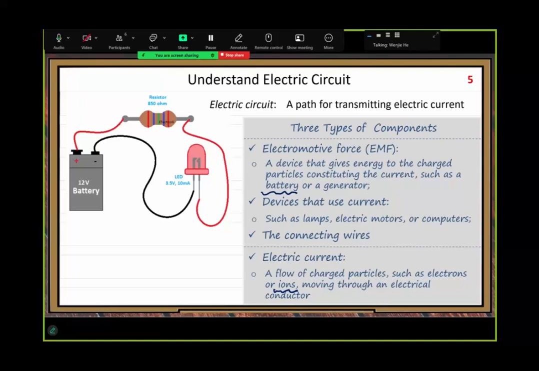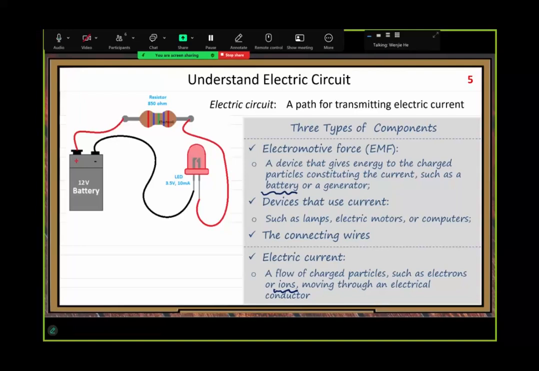So if it gains one, then it has one negative electric charge. But it's also possible one atom can lose or gain several electrons. That's also possible. All right. So that's about the electric current.